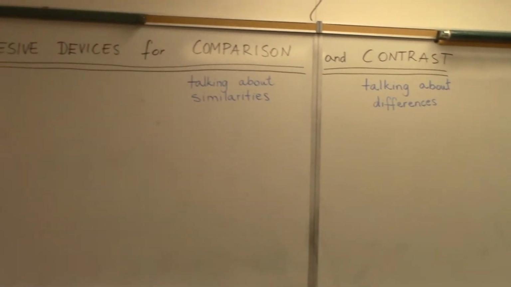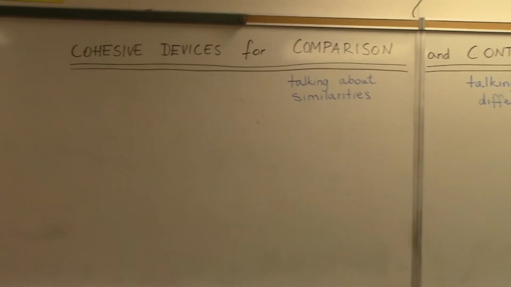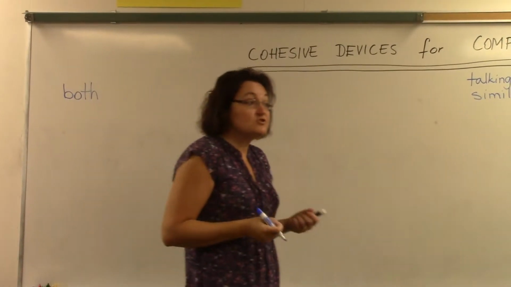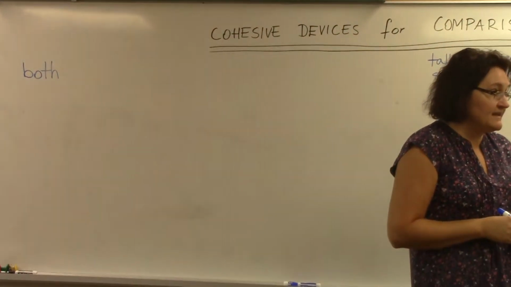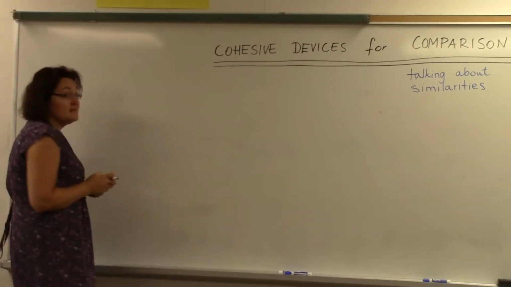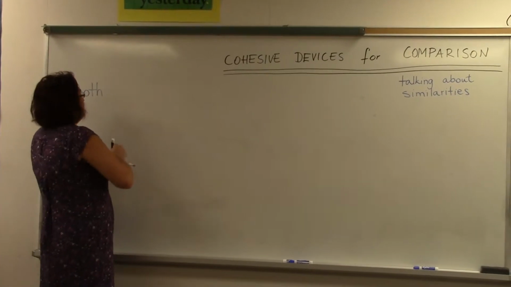So to talk about similarities, we might use the word both. We're going to say something that is true about both of these medications. So you suggested that they are both tablets. Okay, excellent.